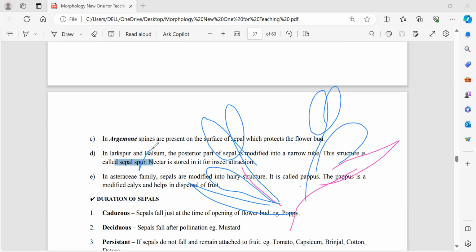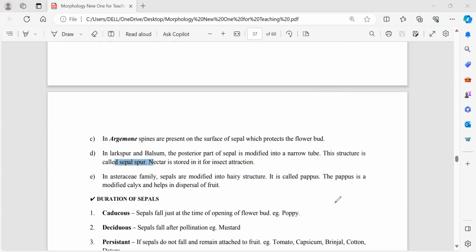जी सर. Larkspur और balsam में क्या होता है? Posterior part of the sepal. अगर हम देखिए, 1 मिनट, मैं व्हाइट बोर्ड शेयर करता हूँ. व्हाइट बोर्ड आया?